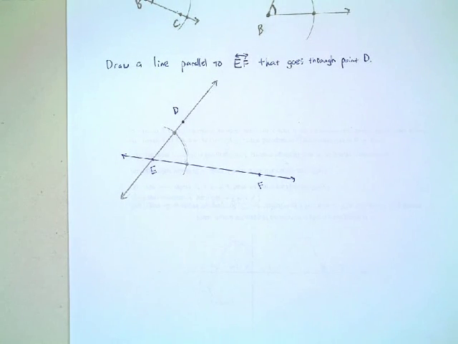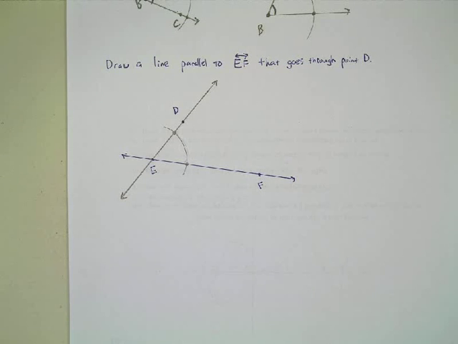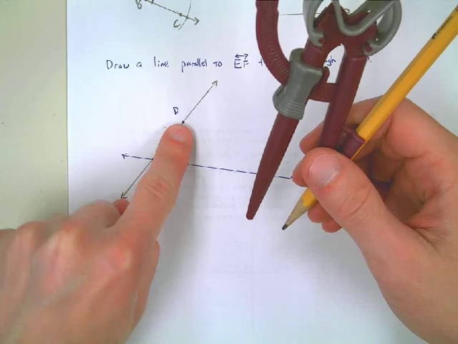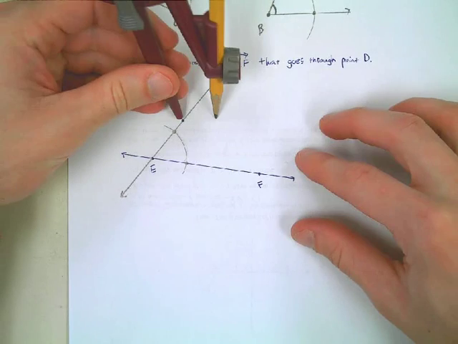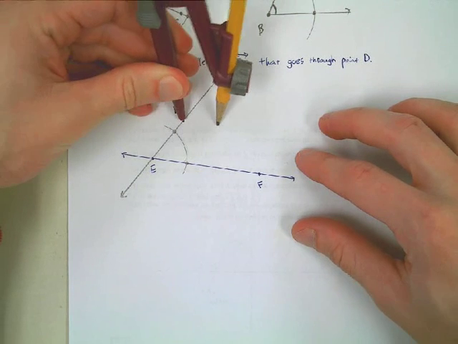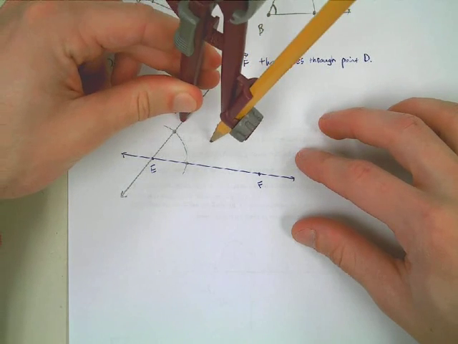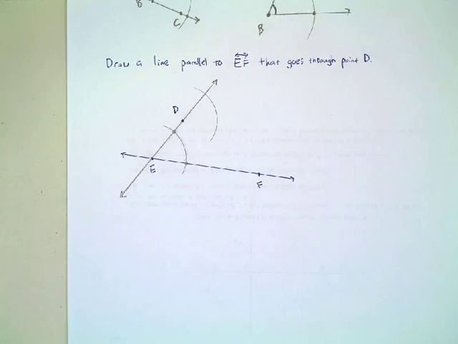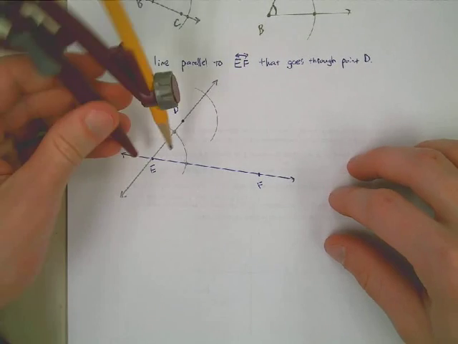Then I'm going to take this exact arc, shift it up, and come out of point D doing the same measurement. So put your point down on point D, and do the same kind of arc there. That same arc that we did at E, we copy up to point D, like that. And that creates a point.